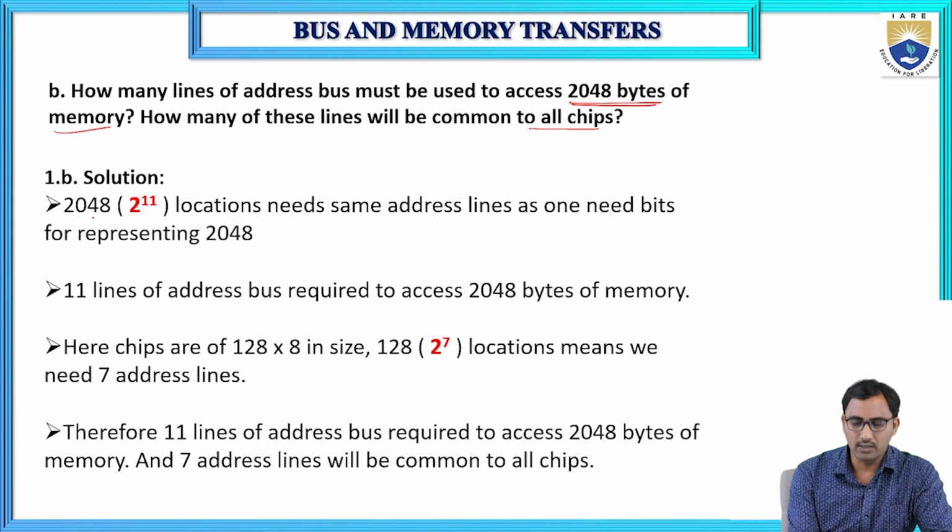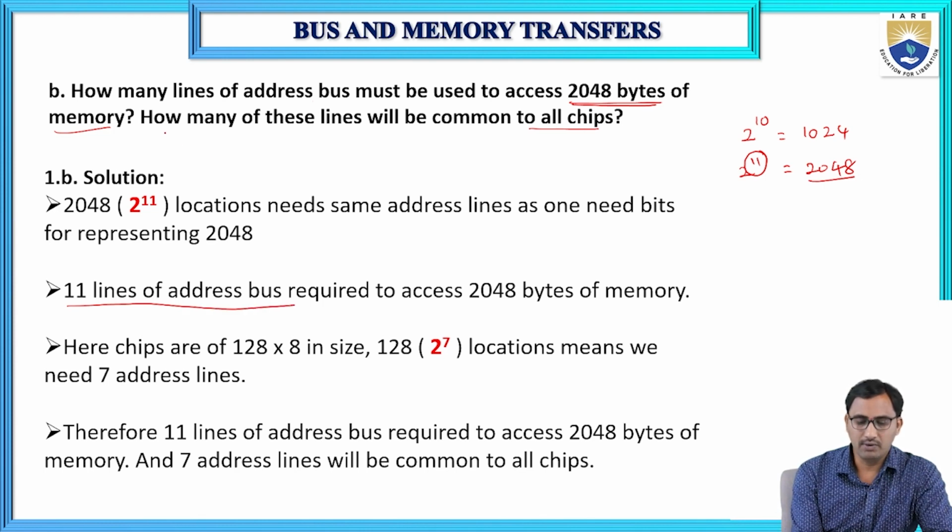With 10 address lines, we can represent up to 1024 memory locations. With 11 address lines, we can represent 2048. So we require 11 address lines to represent the 2048 memory locations. So 11 lines of address bus are required.